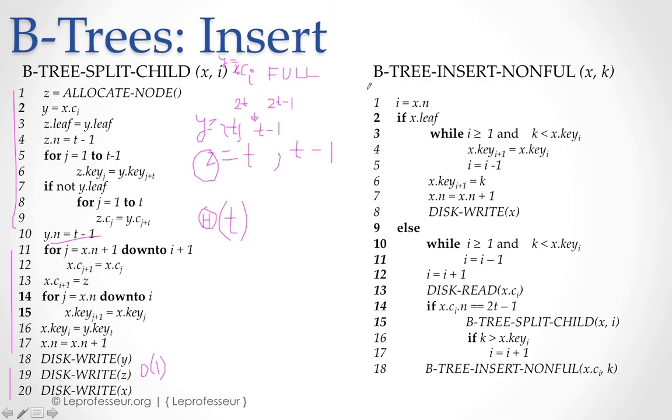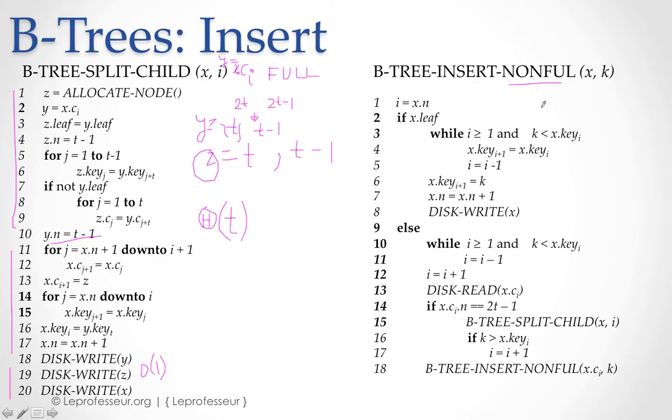Now let's talk about insert non full. When the node where we want to insert a key is full, then we have to split. After splitting, we have a node which is not full, so we use this procedure at a node x where we want to insert the key k.